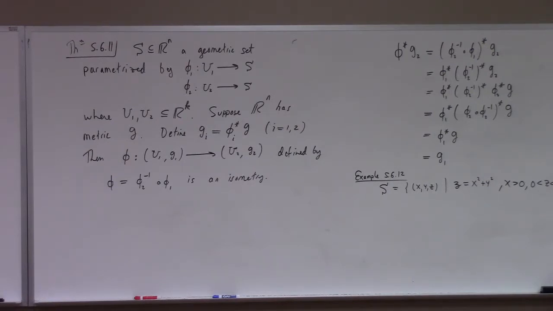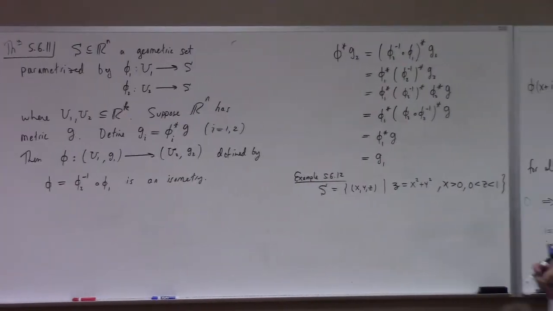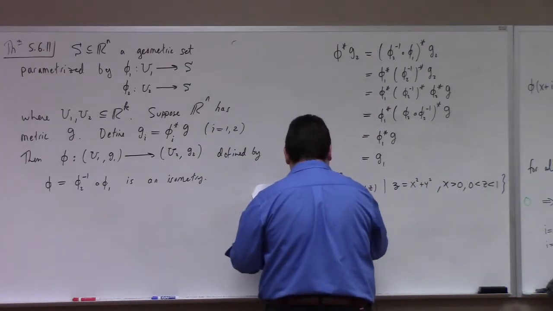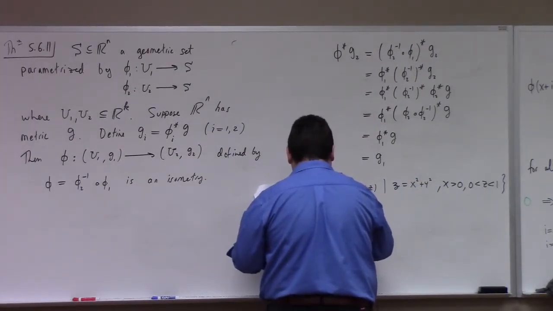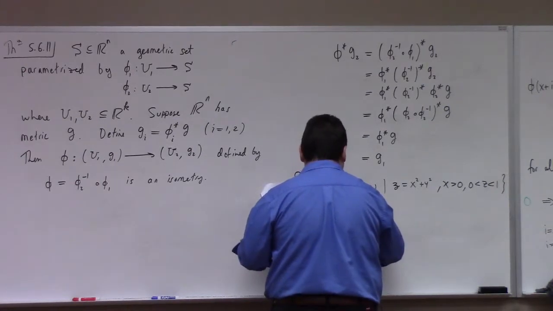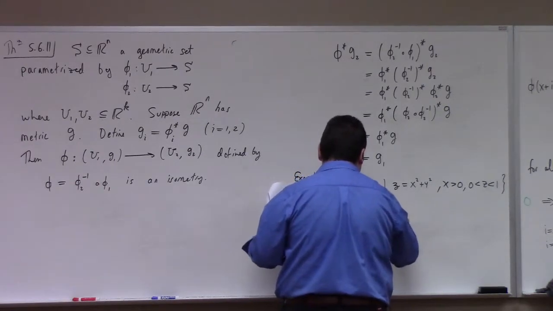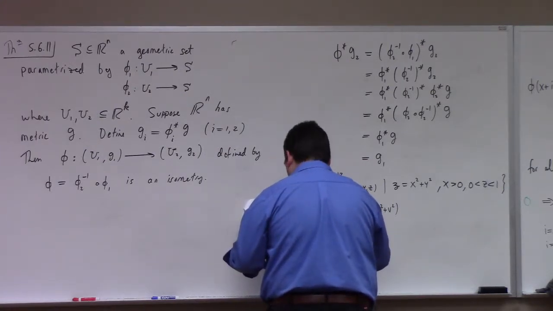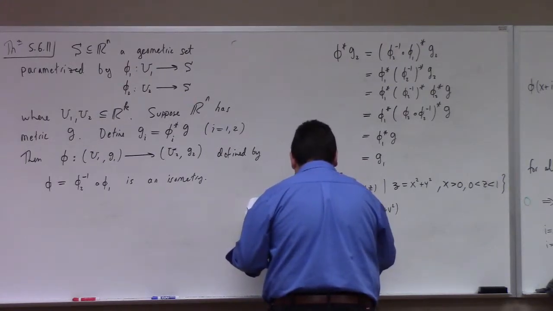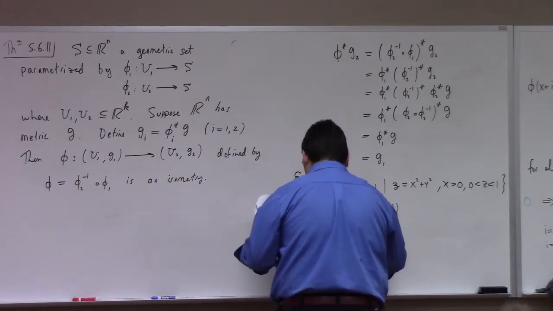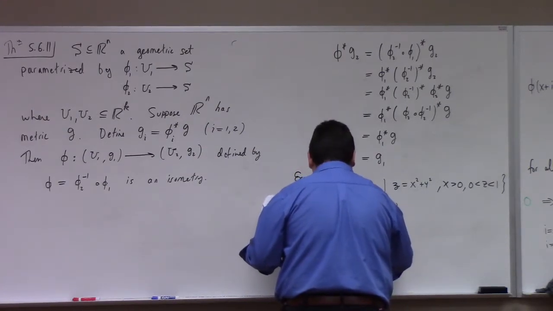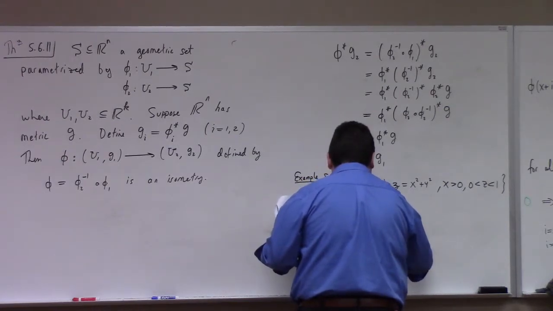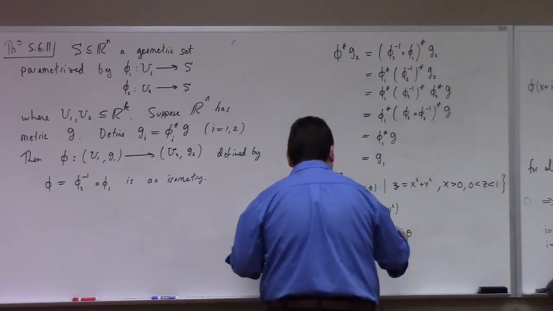On the one hand, we can look at phi1 of u, v equal to u comma v comma u squared plus v squared. On the other hand, we can look at phi2 of r, theta equal to r cosine theta, r sine theta, and r squared.